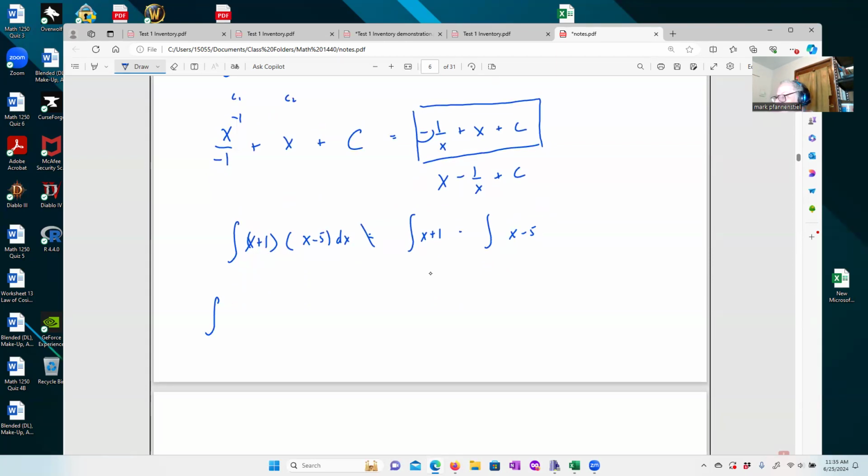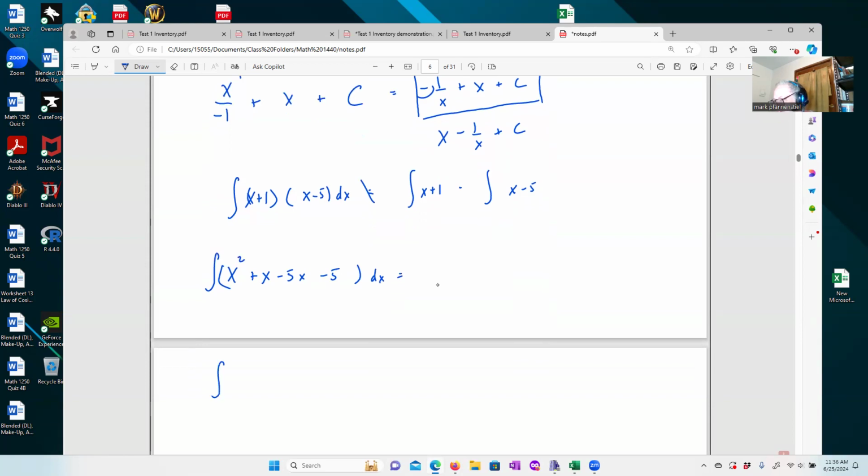So we're going to say this is the integral of x times x, which is going to be x squared. We're going to have positive x minus 5x, minus 5. All of this has a dx attached to it. So we're going to go ahead and say this is the integral of x squared, 1x minus 5x, we're going to have a minus 4x, minus 5.